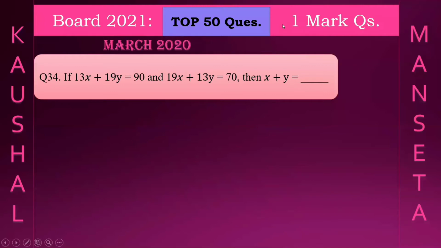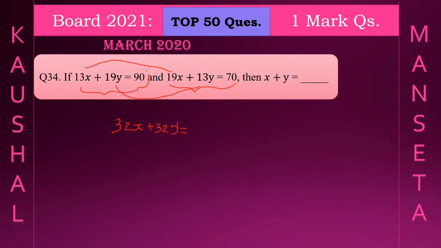Simply, we have to add both equations. So we get 13x plus 19x, which is 32x, plus the same thing, add 19y plus 13y, so we get 32y. It equals 90 plus 70.